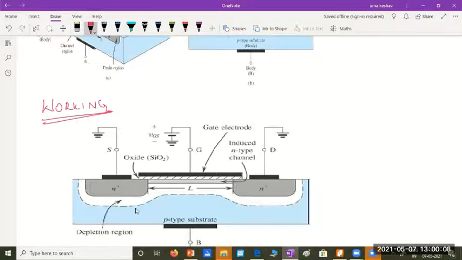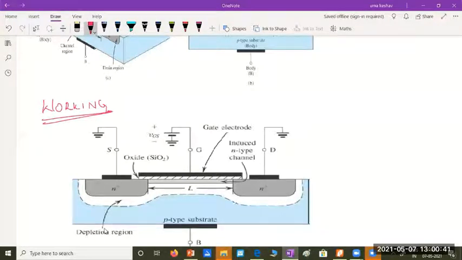Electrons will try to move from N to P, and they become negative ions on the P side, and they will start opposing further flow of electrons from N to P. Similarly, holes will move from P to N, and near the border of the junction, they become positive ions. That set of positive ions will oppose further movement of what?